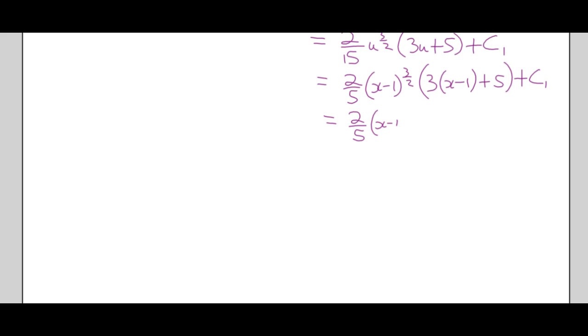Let's extend the page. X minus 1 to the 3/2, which gives us 3x minus 3 plus 5, or 3x plus 2. Plus C1, and disappointingly it just stays as C1, right? There's no other constant. There's no C2. No progression.